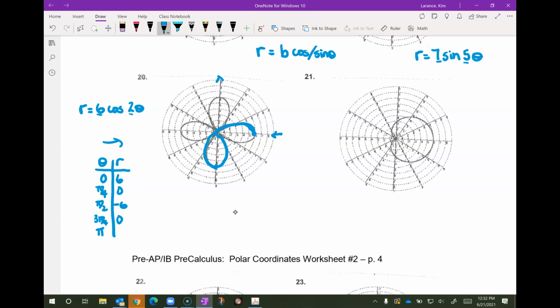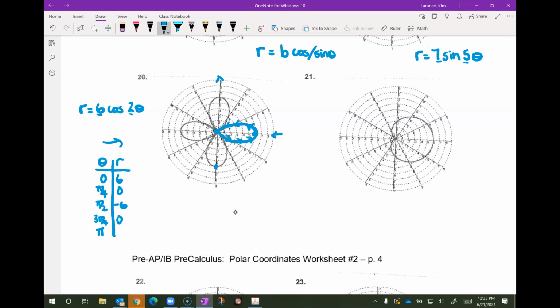Now here's where things are going to get dicey next year, and then I'm going to need you to kind of understand. If all I want to do is figure out how to get around this petal without going through all the other petals, I kind of have to think backwards. Because this started at 0 degrees, 6, and went to the pole, I have to think, what's going to give me this bottom half?